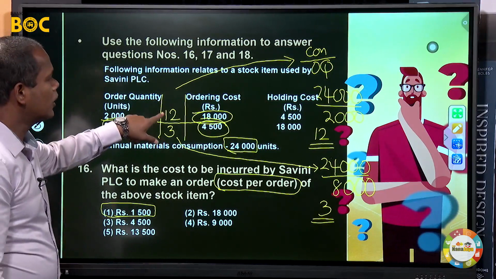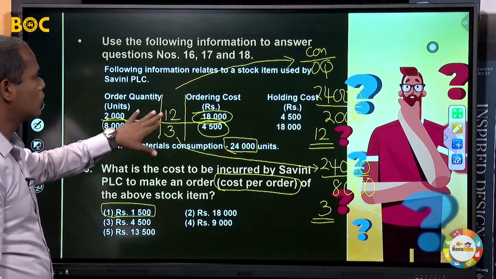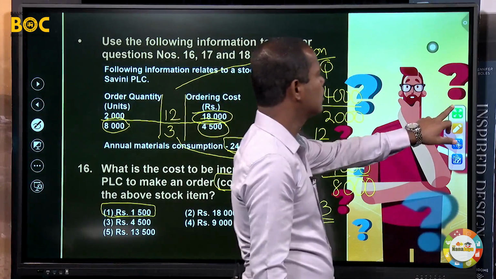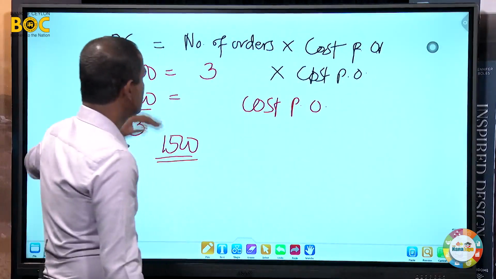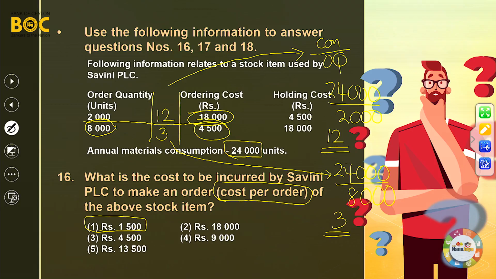First we calculated how many orders you place in the first situation and second situation, and then we use the ordering cost formula. The ordering cost equals number of orders into cost per order. Right.